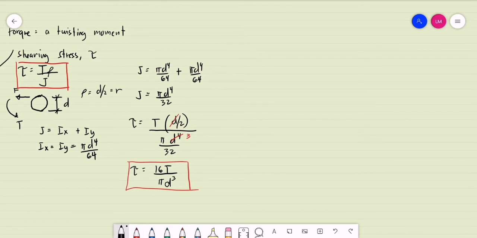since torsion, again, we are to twist objects, it may result in an angle of twist. So we have the formula for angle of twist is equal to the applied torque times the length of the material, divided by the polar moment of inertia multiplied by the modulus of rigidity.